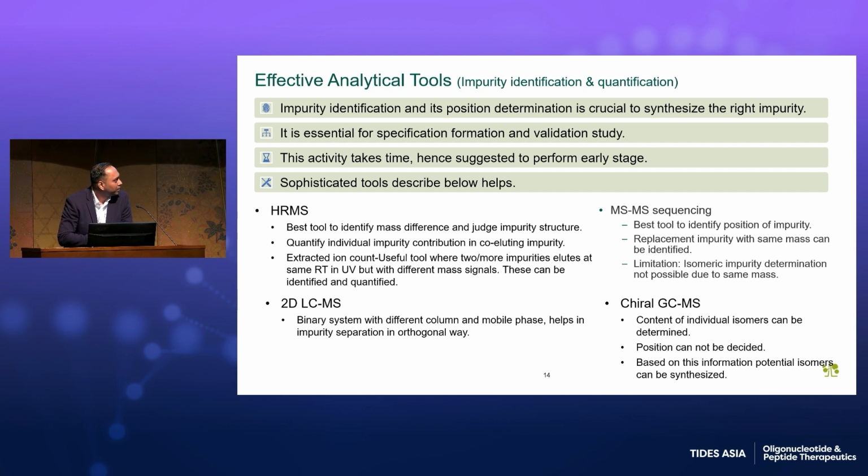But it is at least a good technique to identify initially what the potential isomers formed are once you manufacture the pilot batches or exhibit batches, and then based on that you can synthesize the impurity, and then again inject it in your primary or secondary method which was developed, and then you can perform the validation.